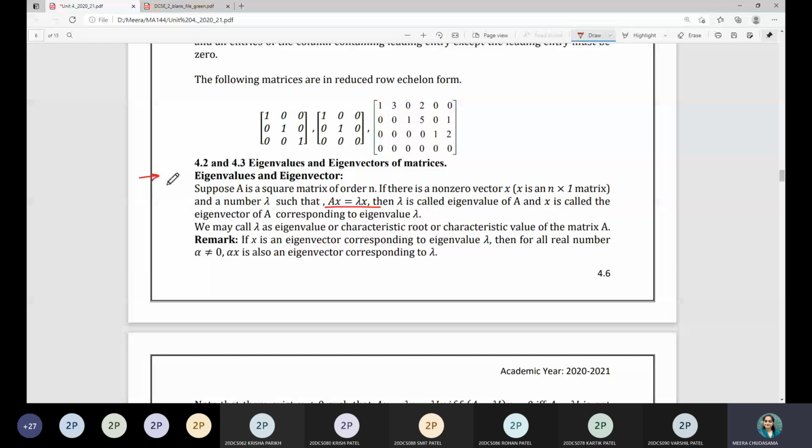First, find the characteristic equation. Second, find the roots of the characteristic equation, which are nothing but the eigenvalues. Third, corresponding to all these eigenvalues, find the eigenvectors.